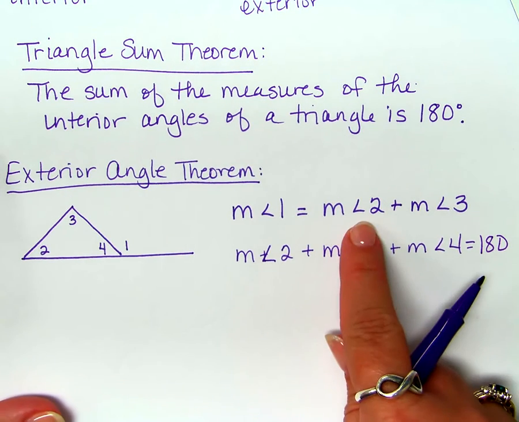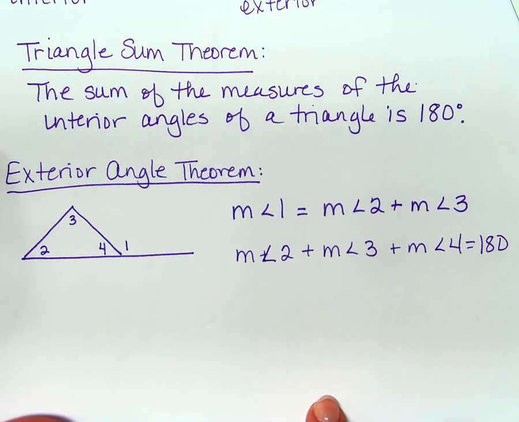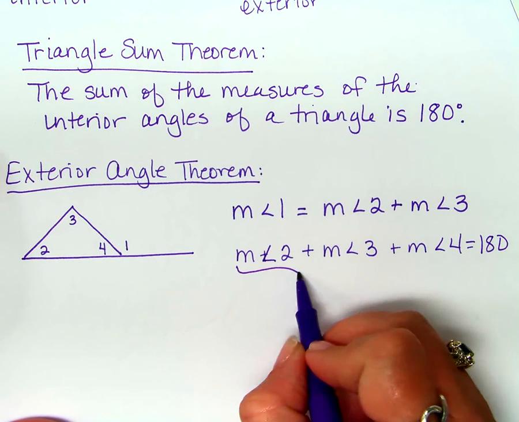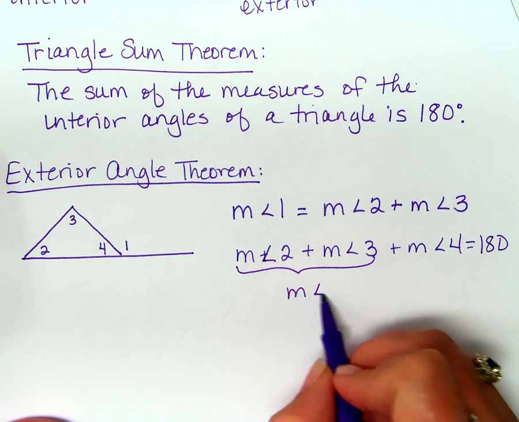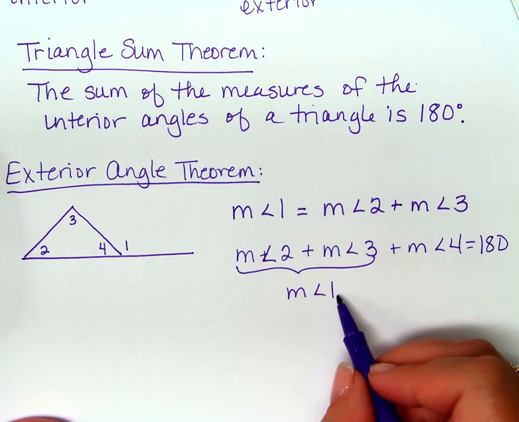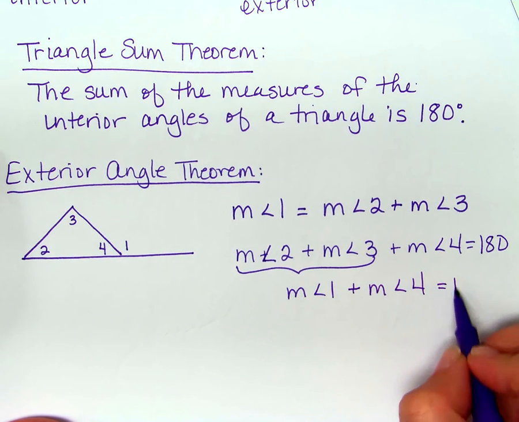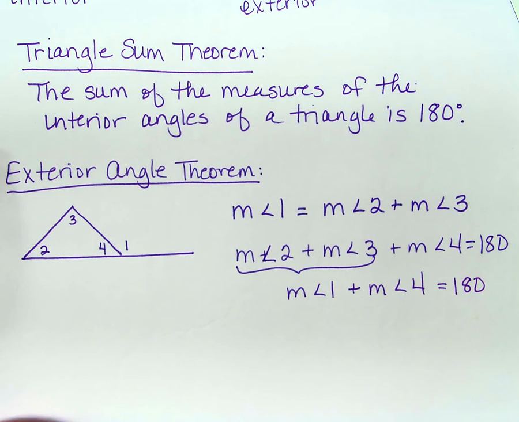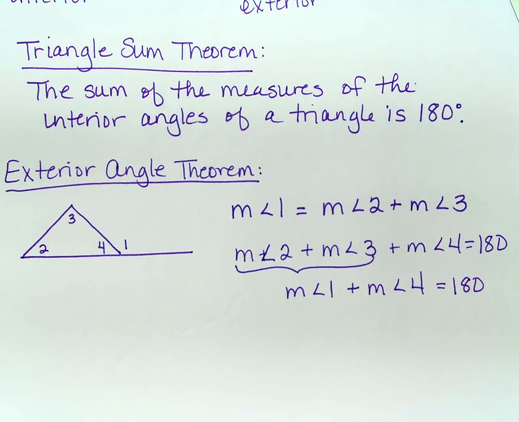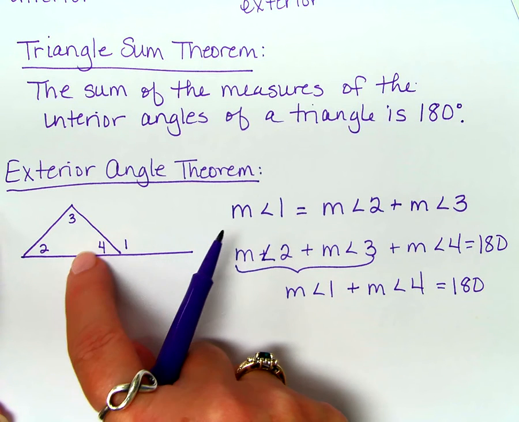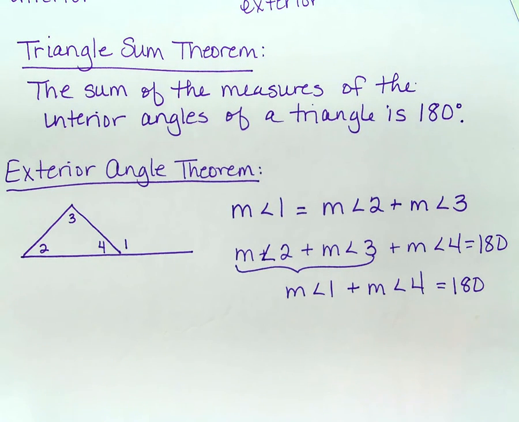And what do we know about the measure of angle 2 and angle 3? This right here equals what? The measure of angle 1. So isn't the measure of angle 1 plus the measure of angle 4 also equal to 180? But guys, doesn't that make sense? Isn't this a straight line? So shouldn't angle 1 and angle 4 equal 180? Oh yeah.